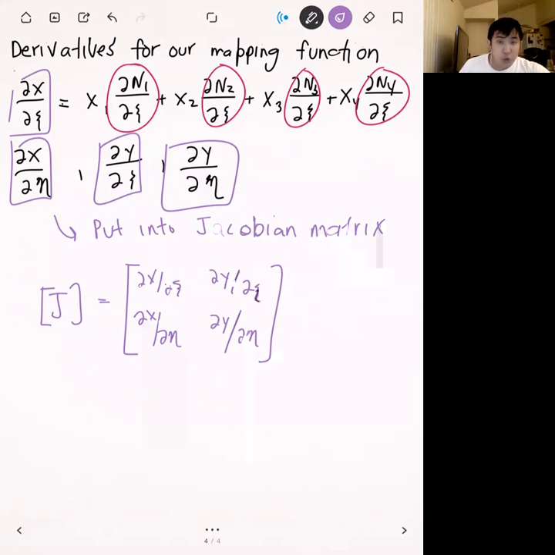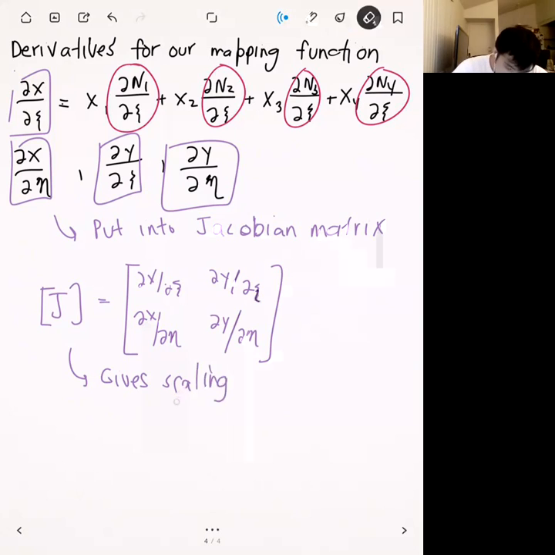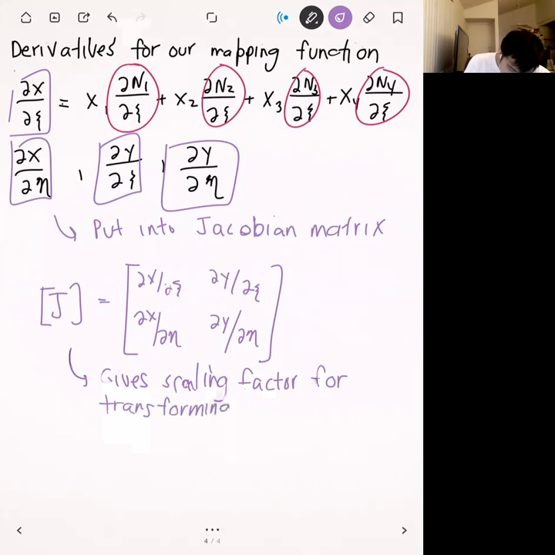And so remember, this Jacobian is really important because taking the determinant of the Jacobian gives us our scaling factor in order to transform our integration bounds. Okay.